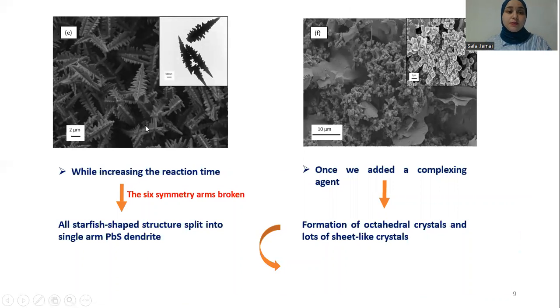In series B, while increasing the reaction time from 2 hours to 6 hours, we can't see a complete starfish-shaped PbS dendrite, but the whole starfish-shaped structure splits into single-arm PbS dendrites.